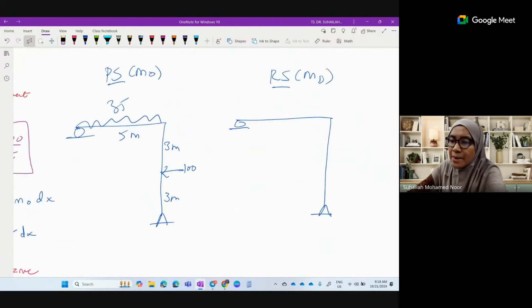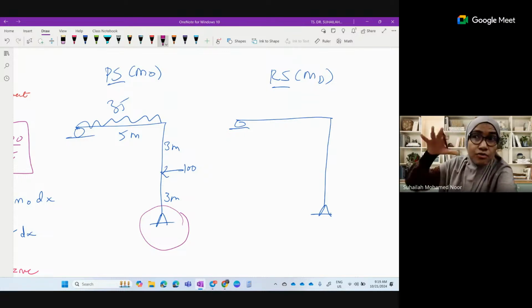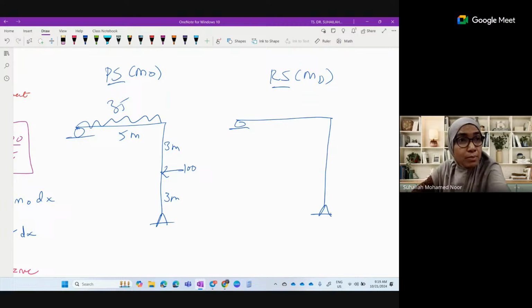Okay, so we have the primary structure, we have the redundant structure. What changes from the actual structure is only the support. Originally it was fixed here, right? Now we have removed one, so fixed with one removed becomes pin. That's what changes.